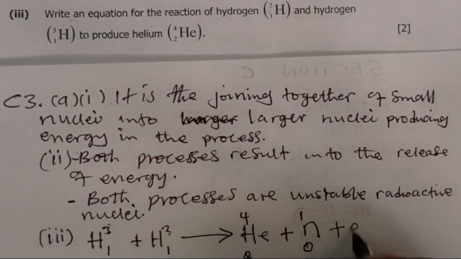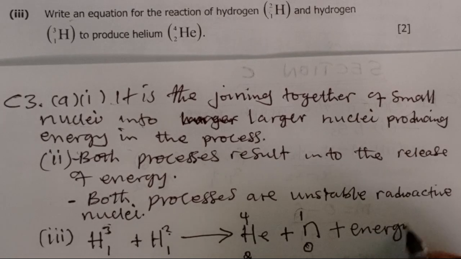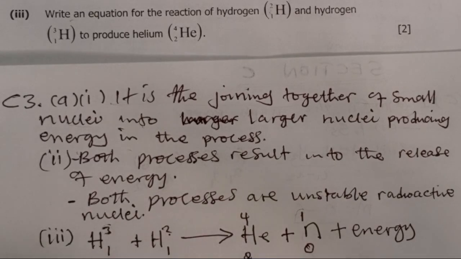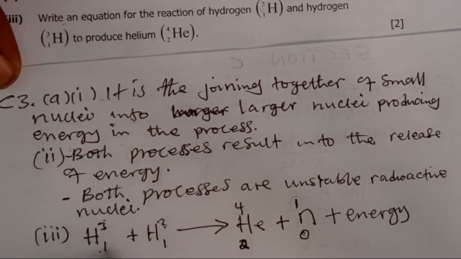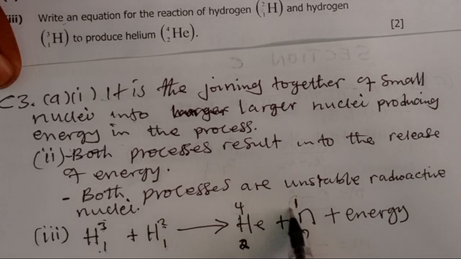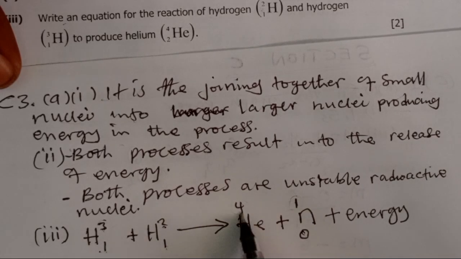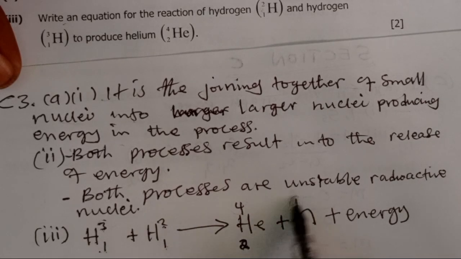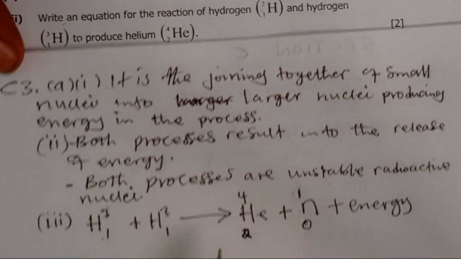In the end, energy will be released. So 1 plus 1, that is 2. 3 plus 2, we have 5. But in the end, 1 neutron is released. So 1 plus 4, we have 5. So that is the neutron that is released plus energy.